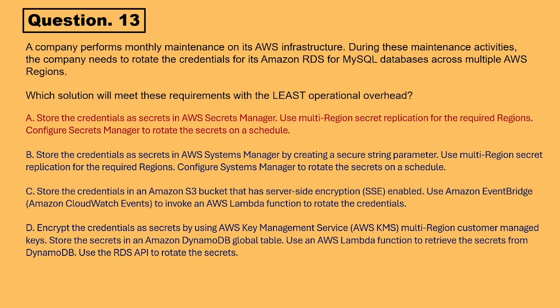Okay, now let me reveal the correct answer. Store the credentials as a secret in AWS Secrets Manager. Use multi-region secret replication for the required regions. Configure Secrets Manager to rotate the secrets on a schedule, because that is also required as per the question.